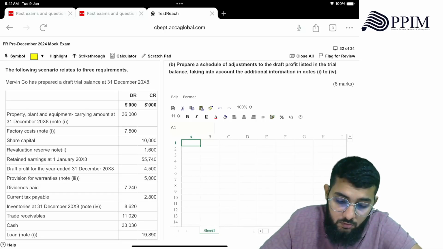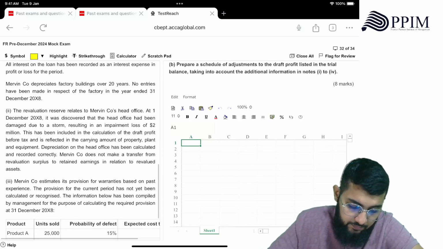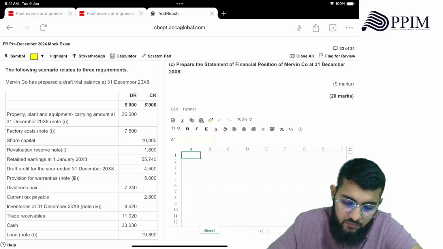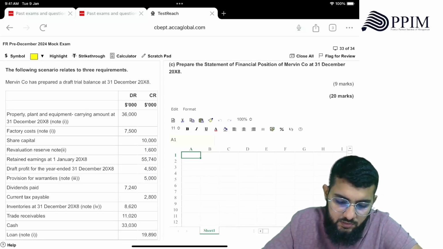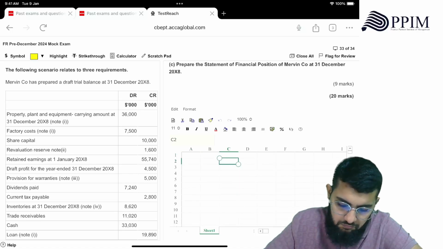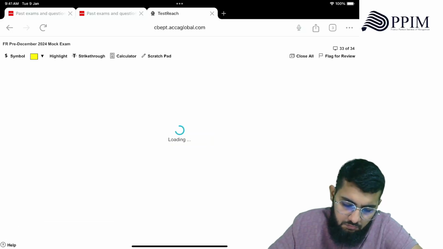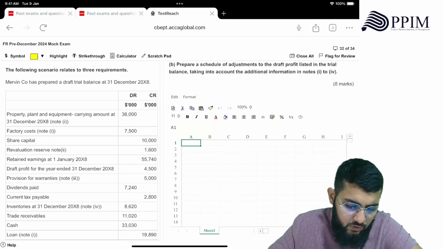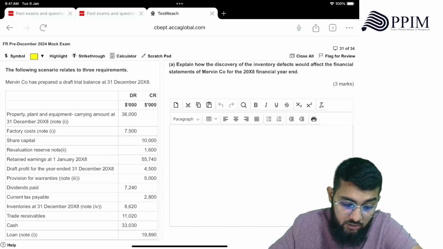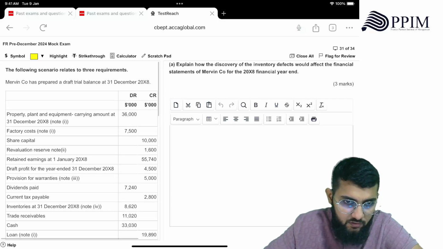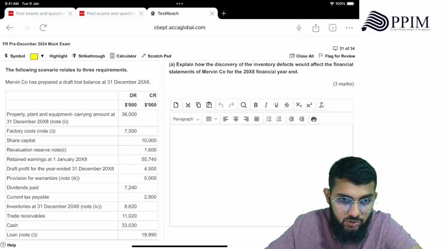Right. B is an Excel, yes. The figures are going to be from this. We can't connect it to this. C is an Excel. But in the exam setup, if I'm not mistaken, I don't know if the exam setup has changed, there are going to be sidebars that ask you to open the Word and spreadsheet, whatever is necessary.